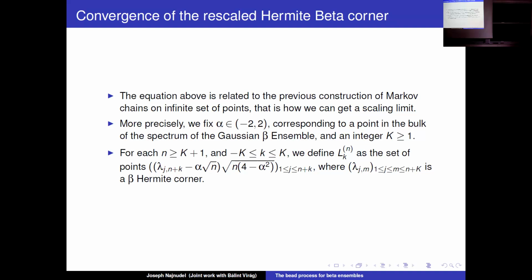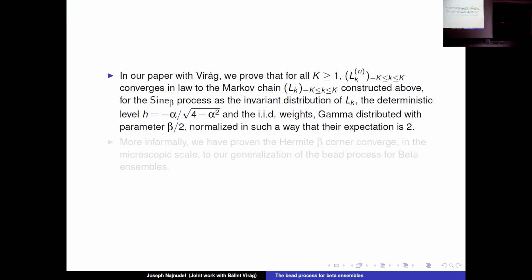And if we do that, in our paper we prove that we have a convergence of these extractions of the Hermite corner. After normalization, they converge to the beta bead process we have constructed in our paper.